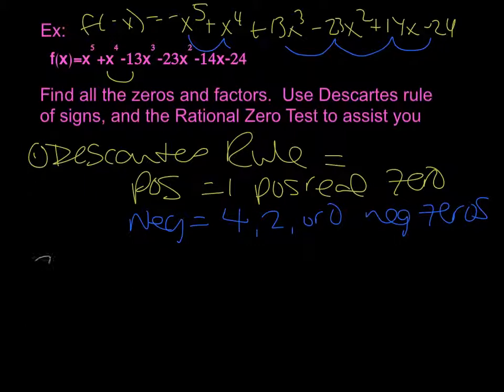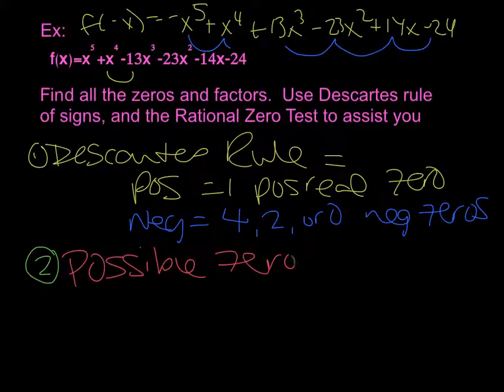Then step 2 is I want to see what my list of possible zeros is. So I'm doing all the factors of 24 divided by all the factors of 1.